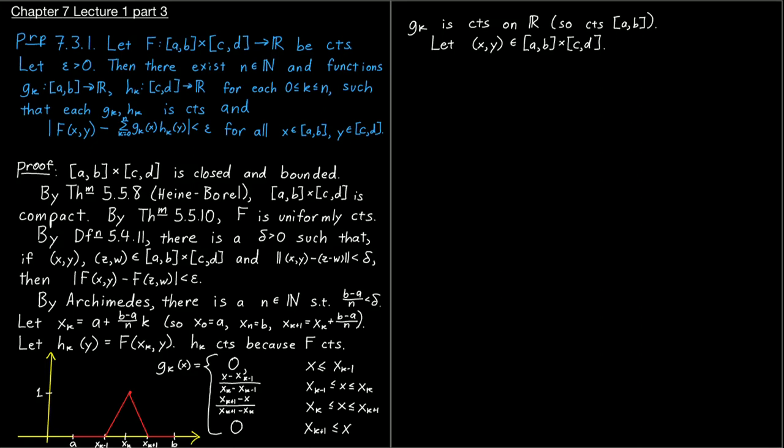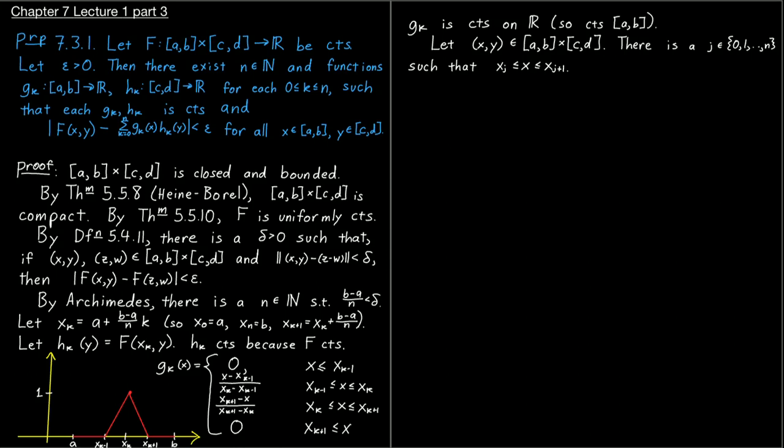And then because x is between a and b, it's between some pair of the x_k's. So let j be the index of the pair it's between. So there is a natural number j between 0 and n such that x_j is less than or equal to x. x is allowed to be b, so it's less than or equal to x_{j+1}.